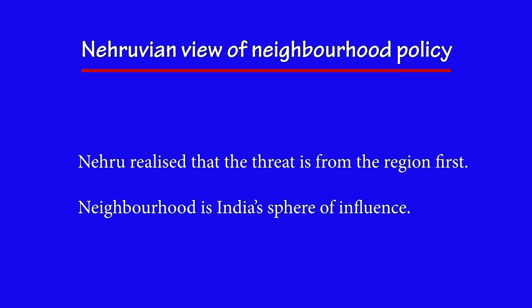So, Nehru understood that the neighbourhood should be India's sphere of influence. It was like India's Monroe Doctrine, like the one America used to have in the western hemisphere. So, Nehru wanted to pursue Indian foreign policy in the direction that Indian influence exists in the South Asian subcontinent.